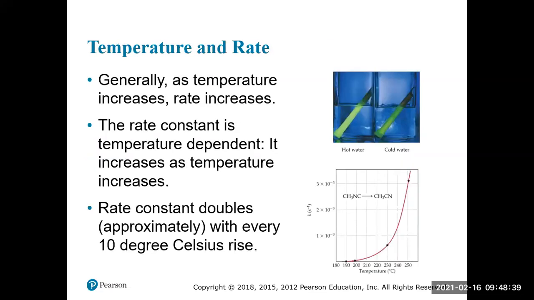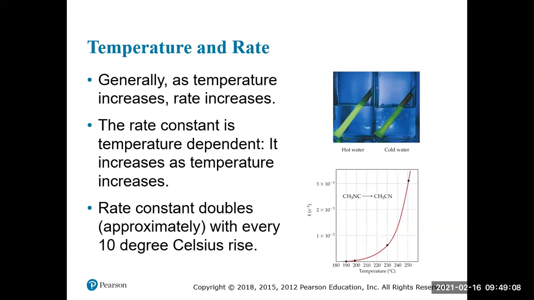So let's first talk about temperature a little bit. We've hinted at this already, but in general, increasing the temperature increases rates. Because of this, the rate constant is temperature dependent. Just as the reaction rate increases as you increase temperature, the rate constant tends to go up as well.